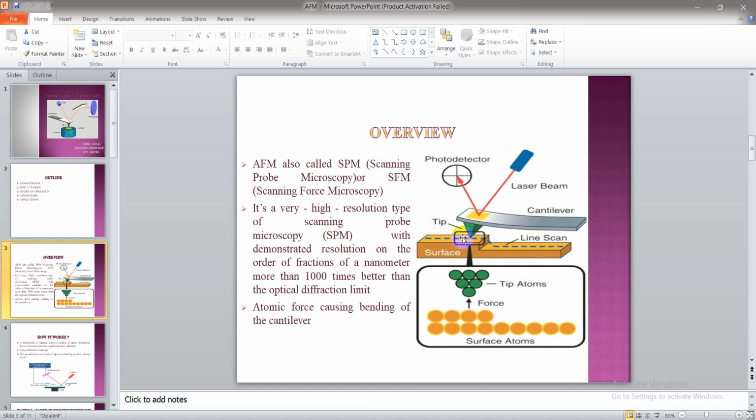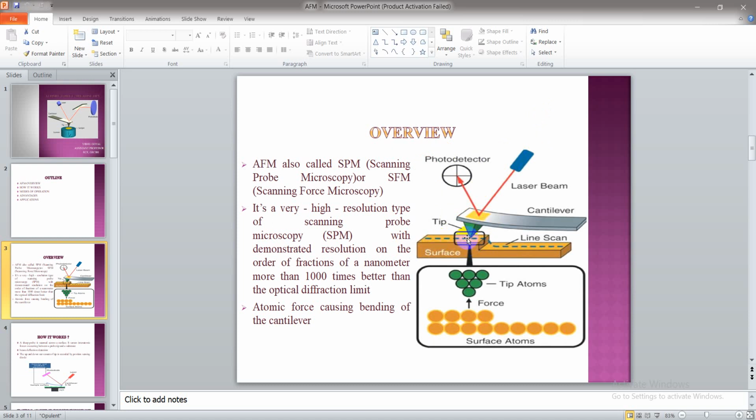When it is in contact, non-contact or tapping mode, it moves over the surface like this, and whatever the alignment of the atoms and the surface morphological behavior, we analyze with the help of this screen. The laser beam is continuously on the cantilever, and its deflection changes because somewhere the atoms are aligned in one fashion and somewhere in a different fashion.